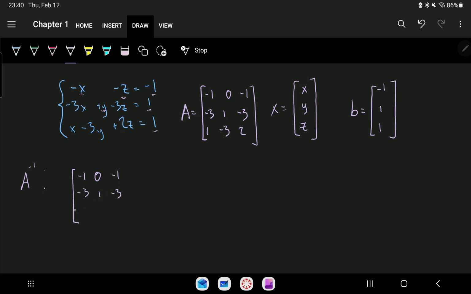But as a refresher, we're going to take the matrix A and append a 3 by 3 identity matrix, since A is 3 by 3. And then we're just going to bring this down to reduced row echelon form.